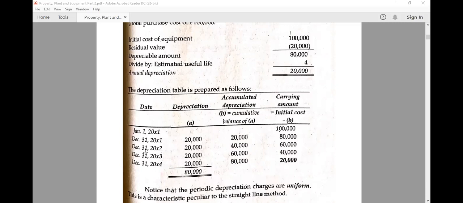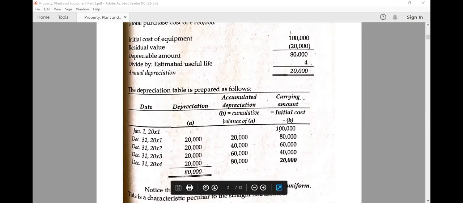And then for 20X2, that's going to be another 20,000. So accumulated depreciation for 20X2 then will be the sum of the two 20,000s. And so it's 40,000 and so on.